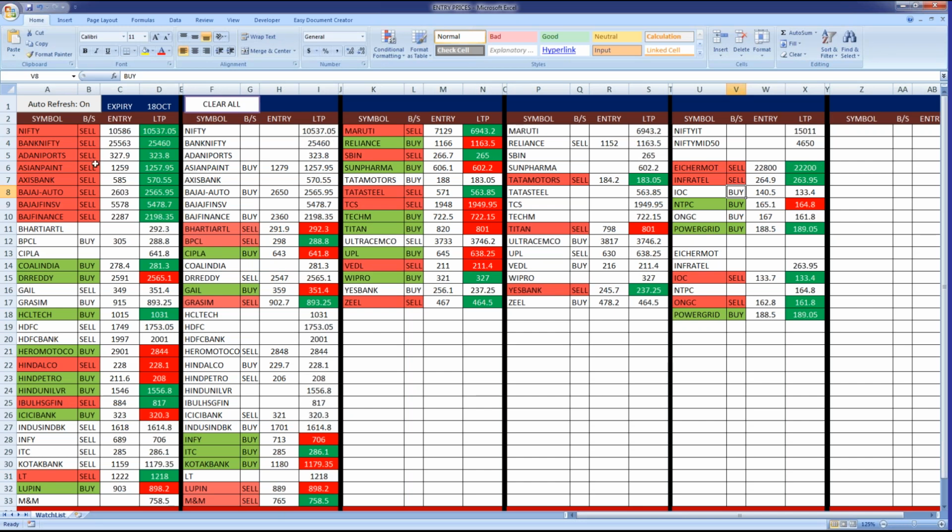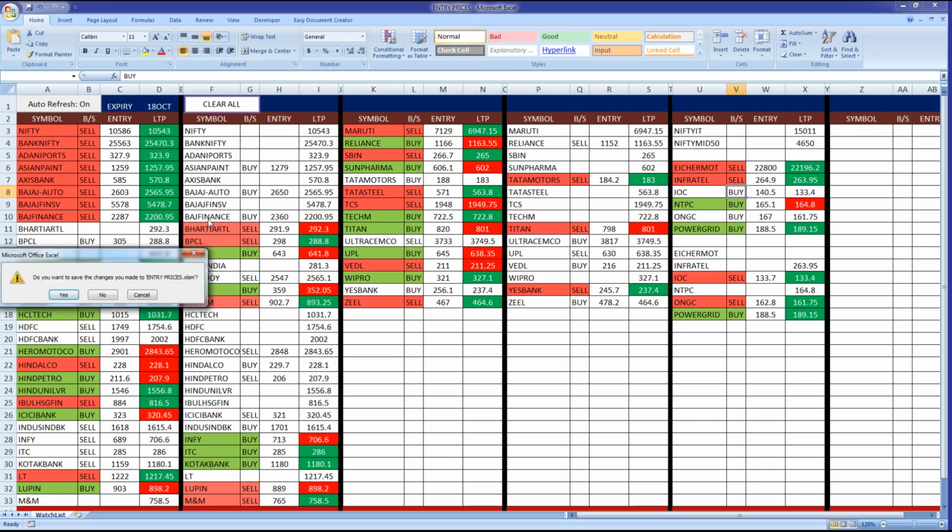And early in the morning, what you do is close it once and open it again. I'll just close it, say yes, and now open it again. So this is my file. It's called entry prices.